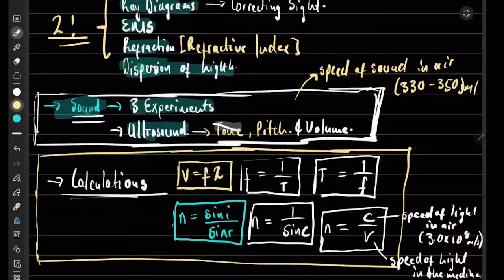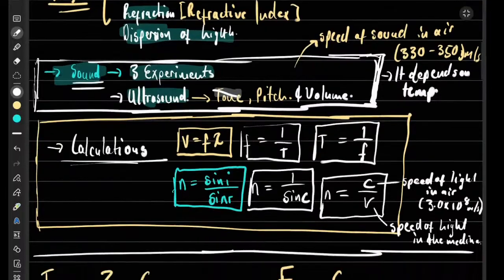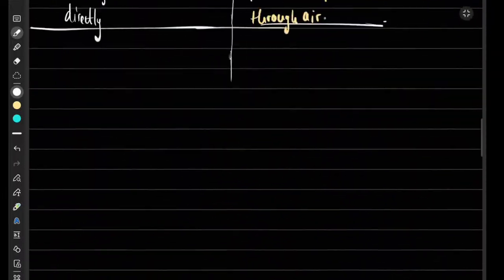We usually use this one, 330 meters per second. This is the speed of sound in air. It depends on temperature. When you increase the temperature, it will move a little bit faster, but it's always between 330 and 350. Good. Speed of sound in air.